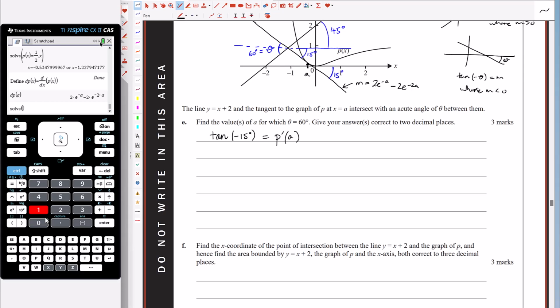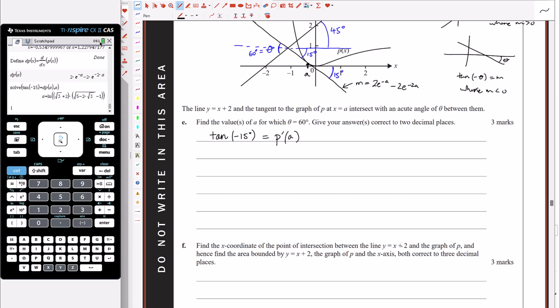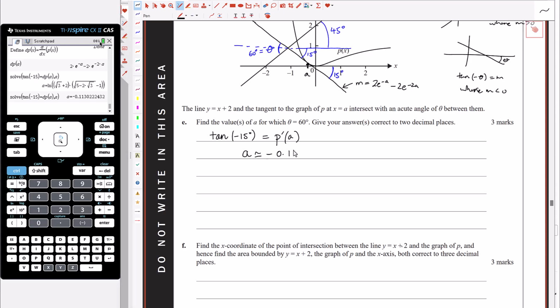So we're going to solve tan of negative 15 has to be equal to the derivative of p at a. I'm going to solve that for a. And we want it to two decimal places, so let's do Control Enter. So in that instance, a is going to be negative 0.11, and that makes sense given where I drew that tangent, that it's going to be negative.